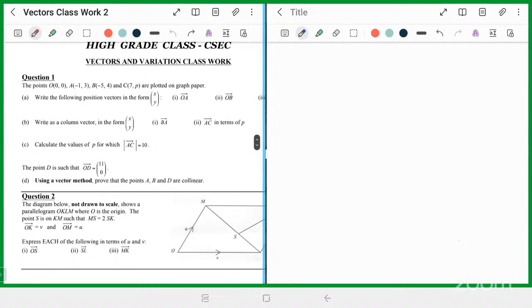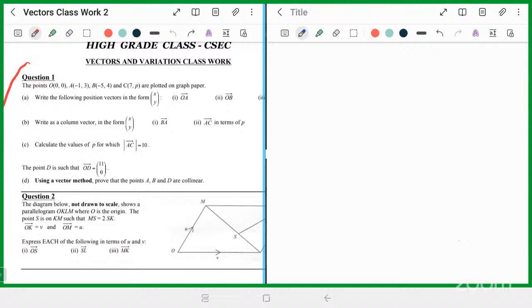Then I'm going to do some of the simple right angle triangle trig questions, or Pythagoras theorem trig questions, that were sent in the group. That's the plan for today, and we should be able to complete this session within 2 hours. Quick and fast, nice and easy. All right, so let's get straight to it.